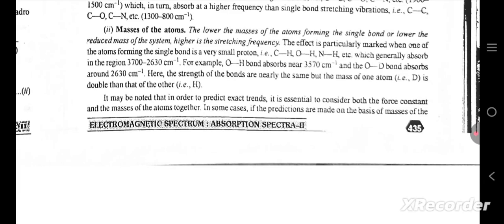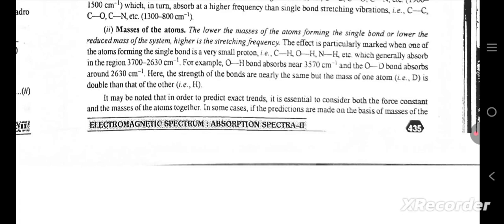Masses of the atoms. The lower the masses of atoms forming the single bond, or lower the reduced mass of the system, higher is the stretching frequency. The effect is particularly marked when one of the two atoms forming the single bond is a very small proton, which generally absorbs in the region 3700 to 2630 cm.